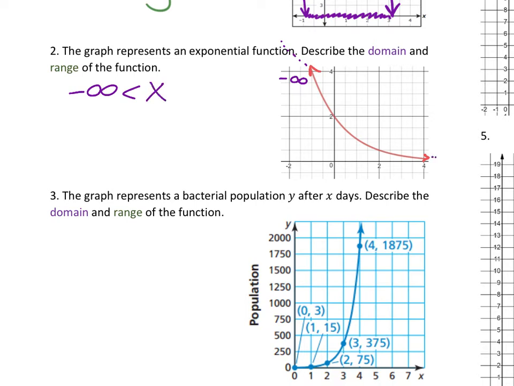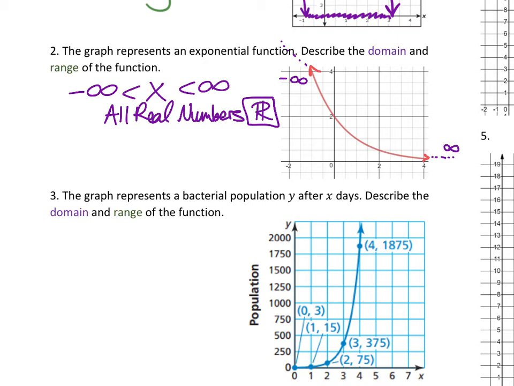And on the right, it's going to continue that way as well, all the way to positive infinity. Now, when we have double infinities on our domain and range, this actually is called all real numbers. Okay, or you can write down the fun and funky R, which I will probably be doing.